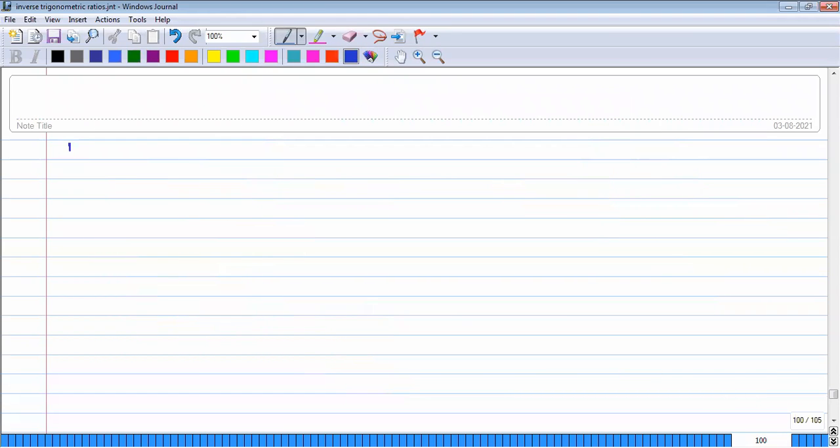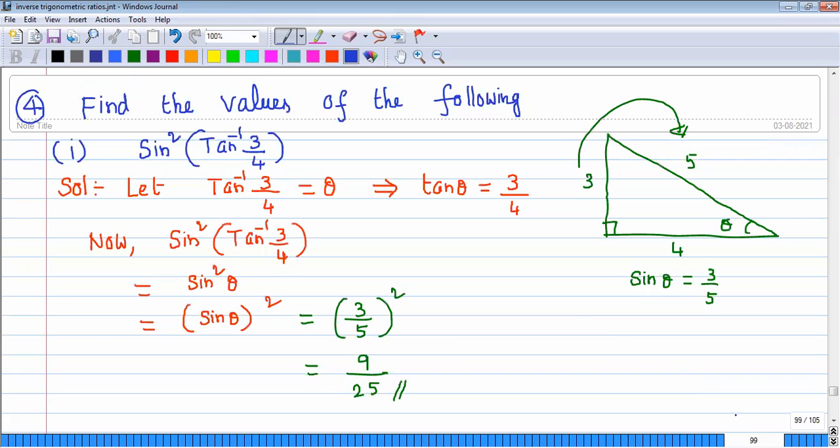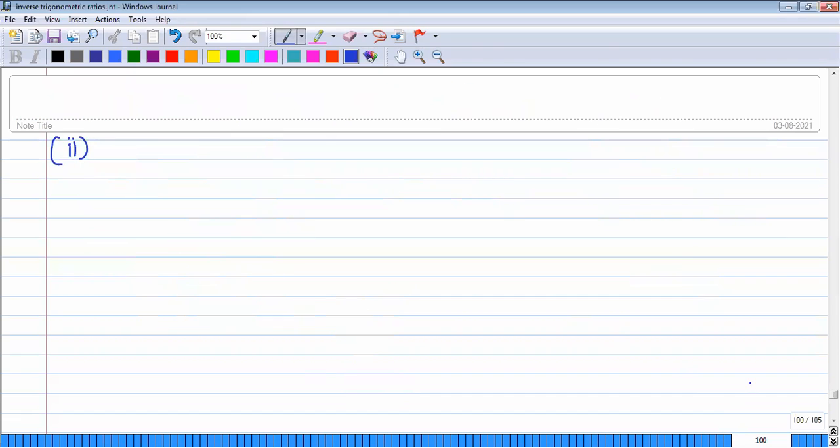Second one. Sine of pi by 2, that is 90, minus sine inverse negative 4 by 5.